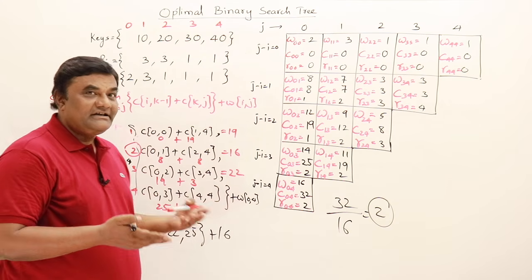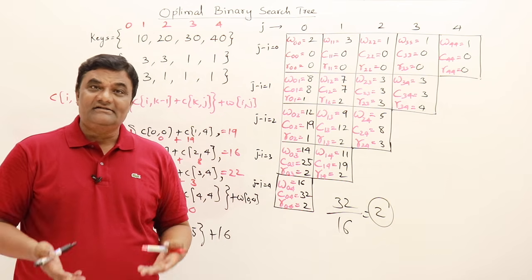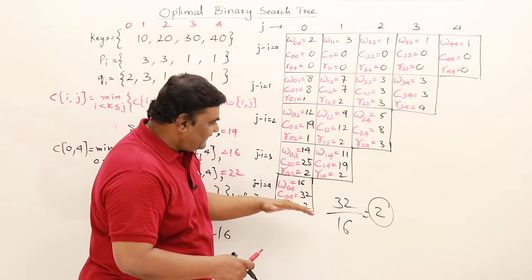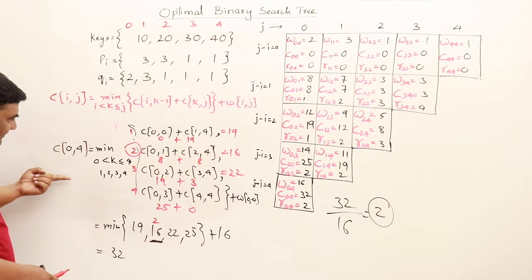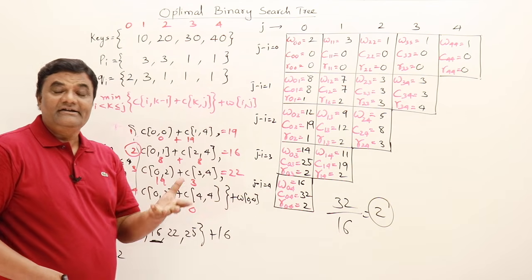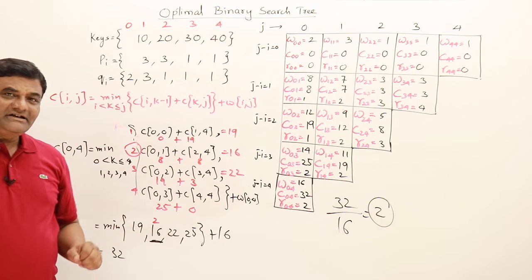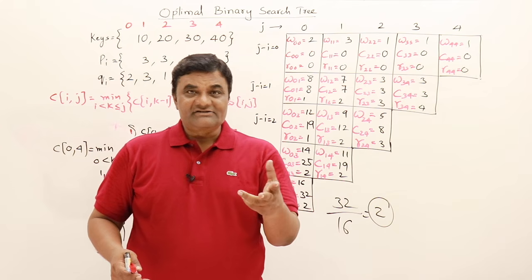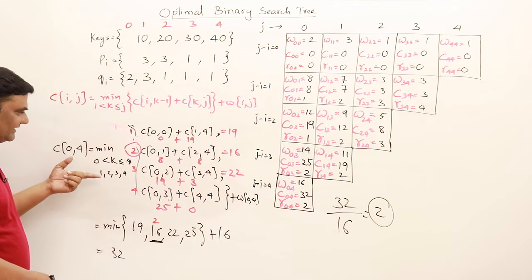So it means we are taking the one which is giving us the best result. Are we trying all? If you start from the lower values and reach the higher value, you can see that we tried all possible routes. Yes, we are trying all possible routes. As I said in the beginning that we should try out all possible binary search trees and pick up the best one. So yes, we have tried all possible binary search trees.